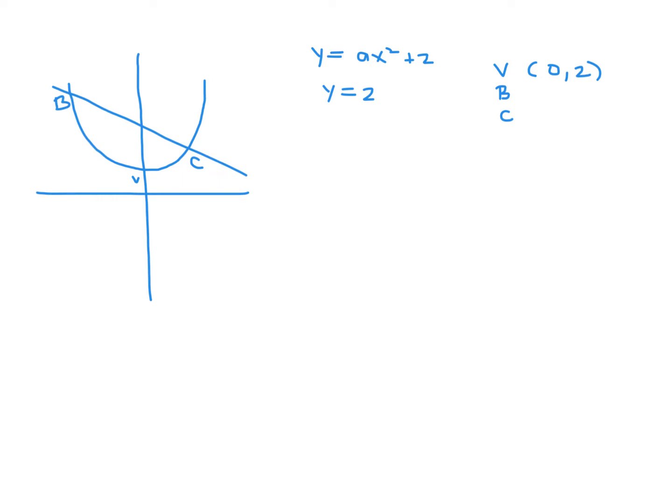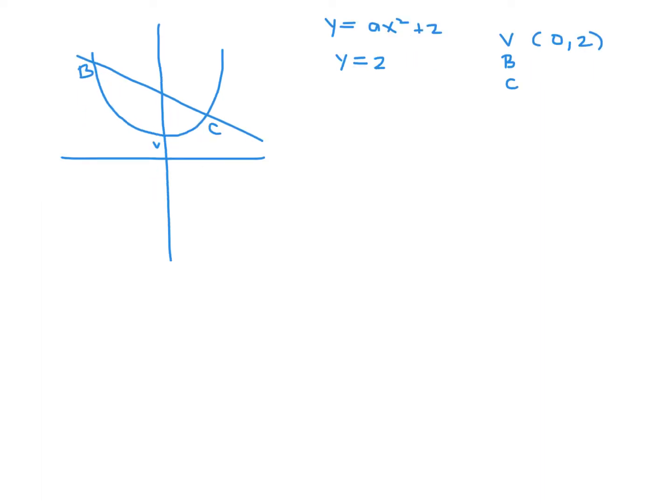B, how do I figure out B? Well, B is going to be one of the two intersection points of the line and the parabola, right? So I guess we just set those equations equal to each other.